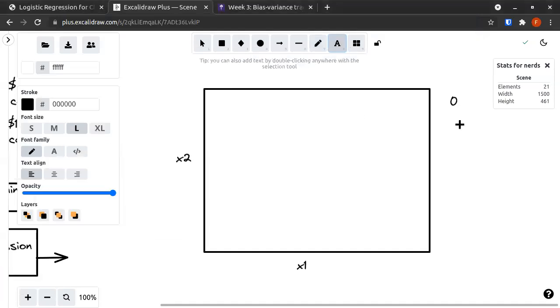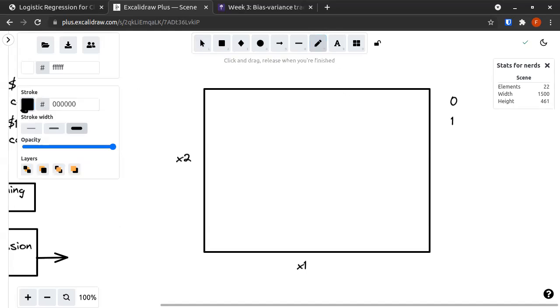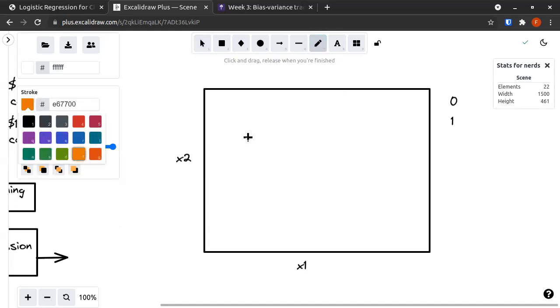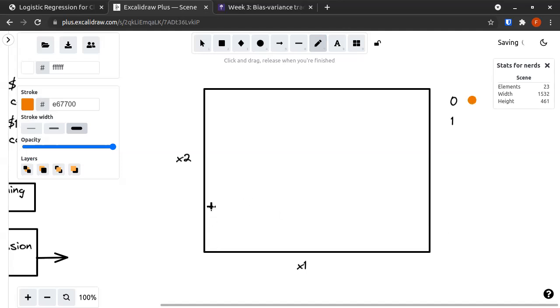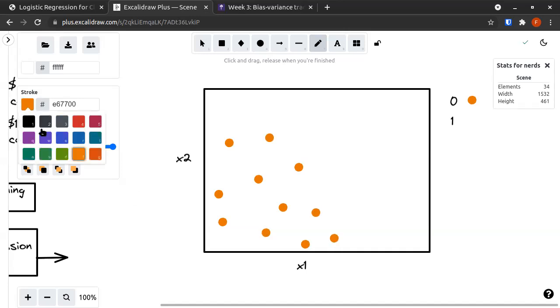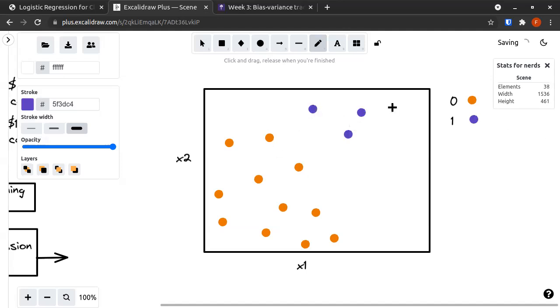Okay, I have two possible values for y, 0 or 1. And I'm going to represent the two possible values for y using colors. So a 0 will be an orange value. Okay, and let's say these are my zeros, and a 1 will be this purple. So what would a function that classifies these two look like?